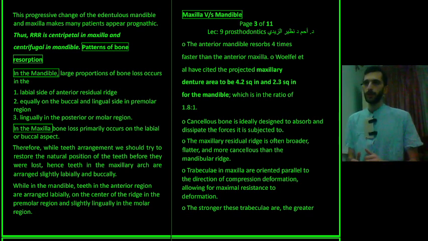Cancellous bone is ideally designed to absorb and dissipate the forces it is subjected to. The maxillary residual ridge is often broader, flatter, and more cancellous than the mandibular ridge.